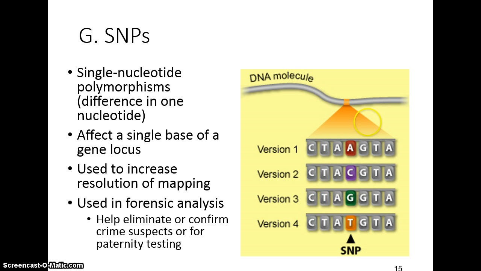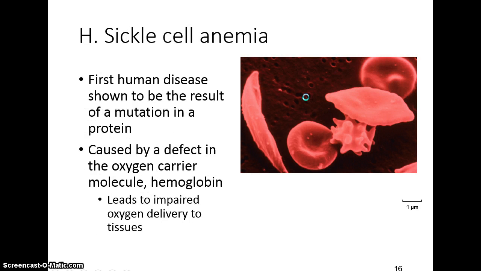So, for example, we have here a DNA molecule where the two sequences are exactly the same, except for one different nucleotide, and that's called a SNP, or single nucleotide polymorphism. And if you look at a bunch of these over a gene, you can determine paternal inheritance, for example, based on the similarity of these single nucleotide polymorphisms.